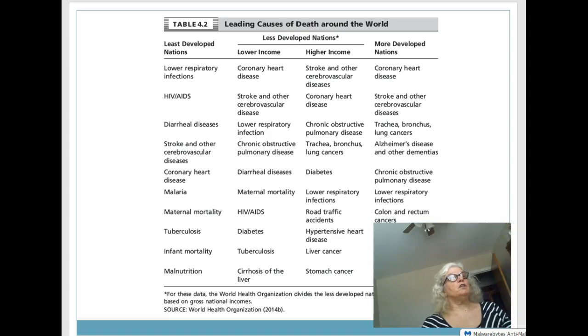So the leading cause of death around the world, we can see, varies by whether we're in one country or another. So in lower income, still chronic heart disease, higher income, strokes, and so vascular disease, another is CVA, a stroke. And other types of cerebral vascular diseases can be part of the process.